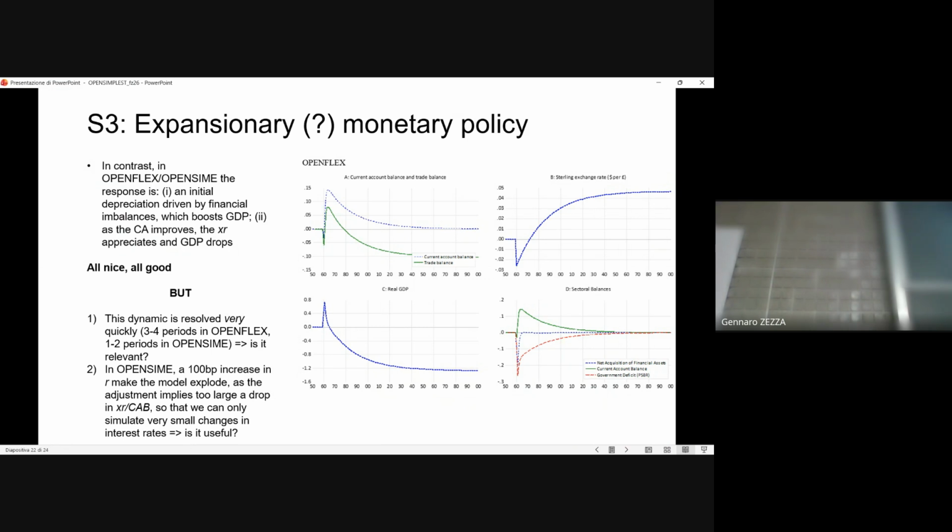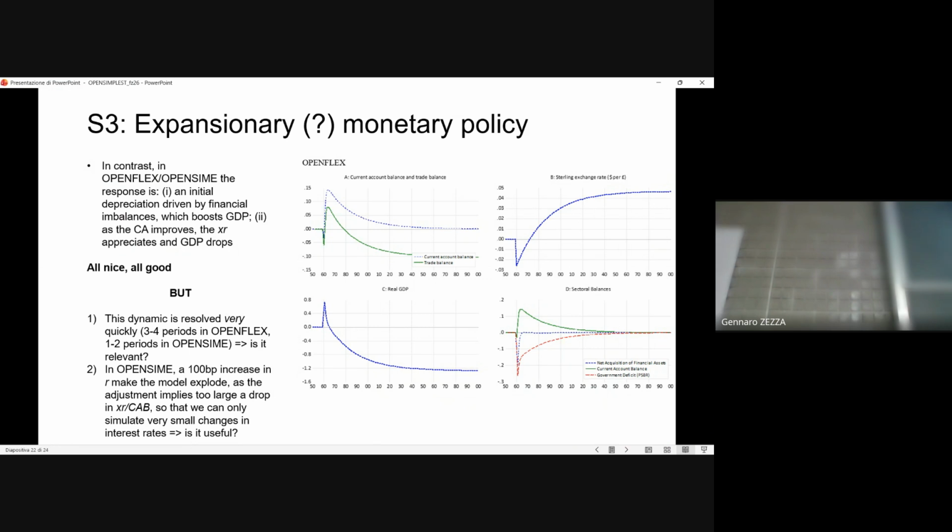The second problem is that this dynamic only happens in the very first period. So my question is, how relevant is it? Second, is it true that this effect exists? How can we say so? Do we have empirical evidence for this kind of mechanism, or what we are really interested in is the medium run?